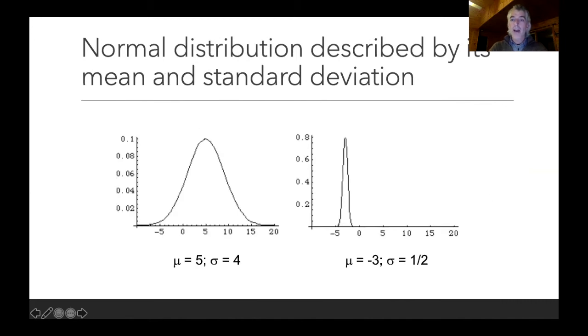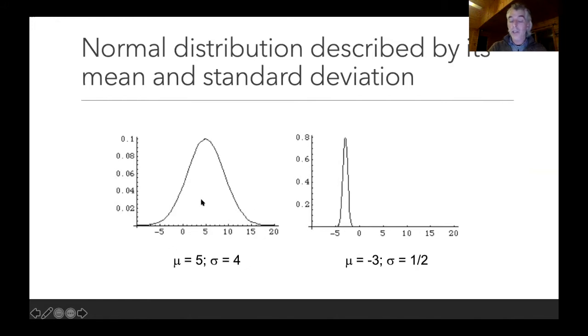So here we have two normal distributions, one with a mean of 5 and a standard deviation of 4, and the other with a mean of -3 and a standard deviation of 1/2. You can see that the mean is what shifts the distribution left or right, and the standard deviation determines how much spread there is in that distribution.